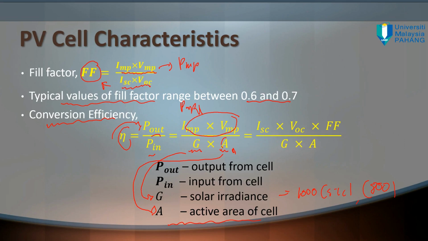Several grams of uranium, cesium, or plutonium, the nuclear material, can produce 1,000 watts of power. But for recent technology, for the case of PV cells, we are getting around 20-something%, 30% efficiency now.